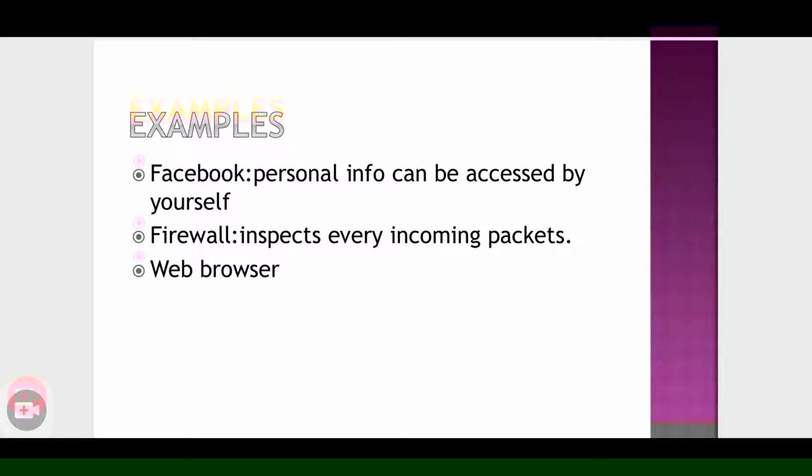You can give your personal information, and you can set whether it is seen by the owner itself, by the public, or kept private. You can set the permissions. You also have access permissions you can set in a firewall and in web browsers.